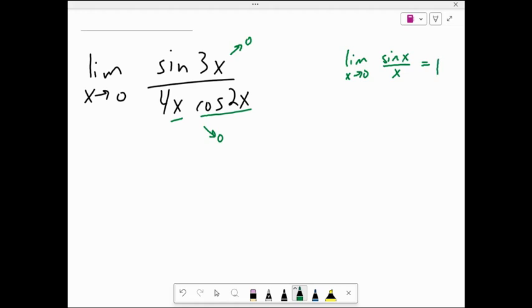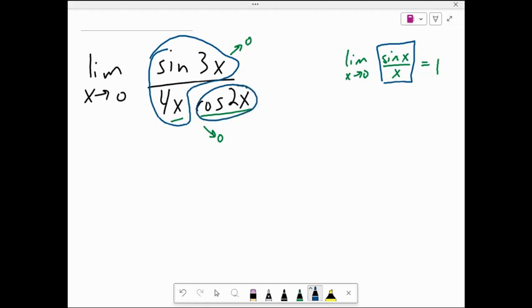Okay. So if you notice, the part that's causing the problem is over here. This is something that we can make equivalent to this, give or take some constant multiple. This cosine of 2x isn't really a problem. When x goes to 0, the cosine of 0 is going to 1.